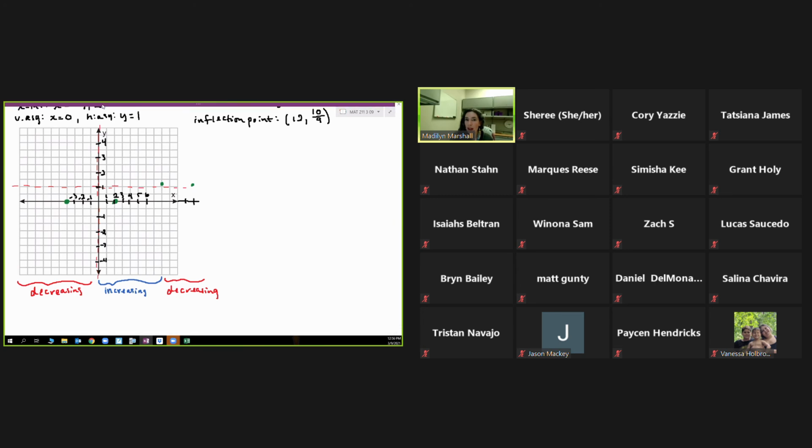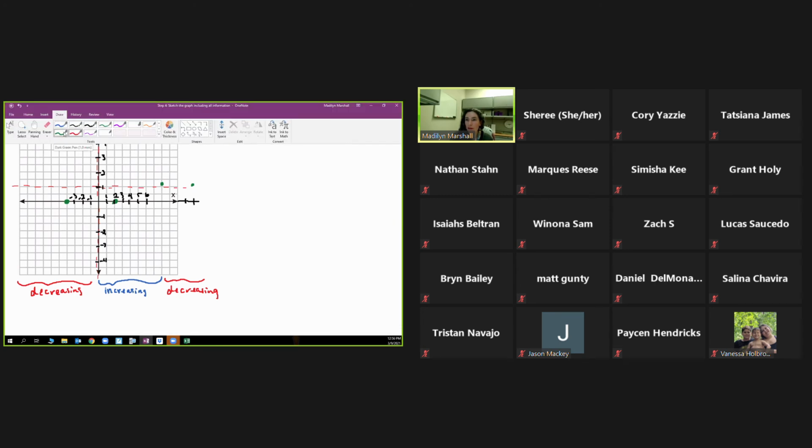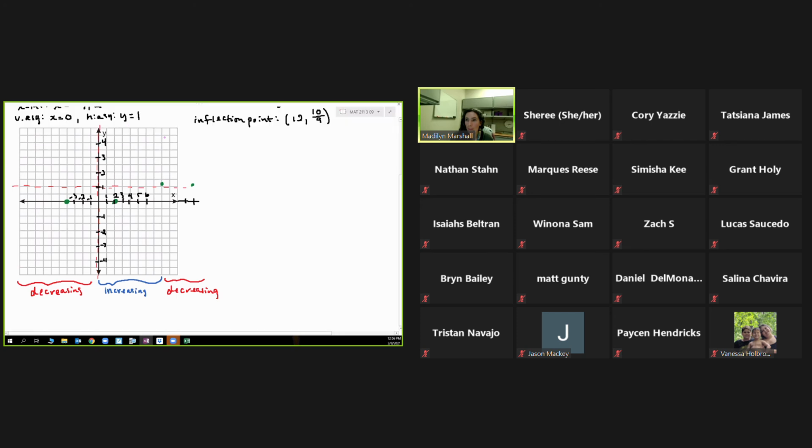And then we also have our concavity. So our function was concave down from -infinity to 0.